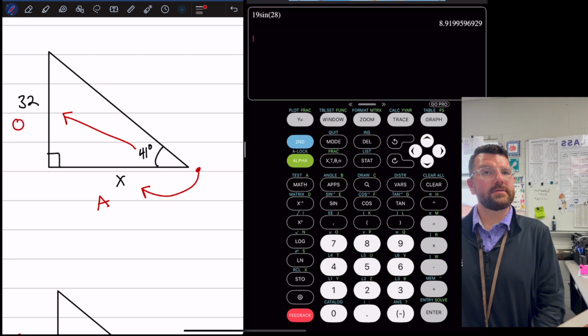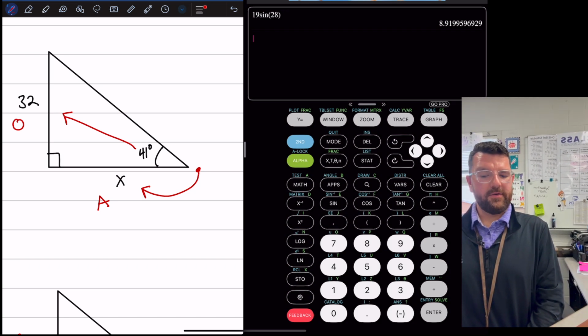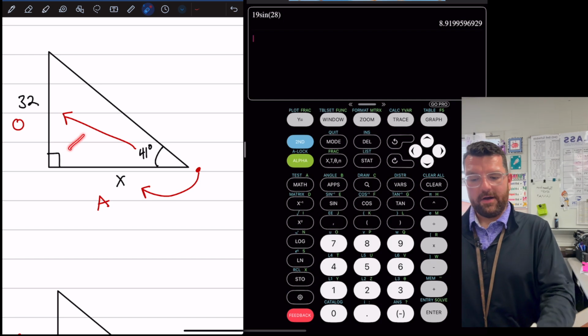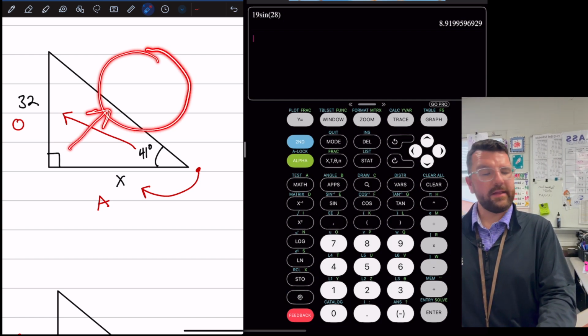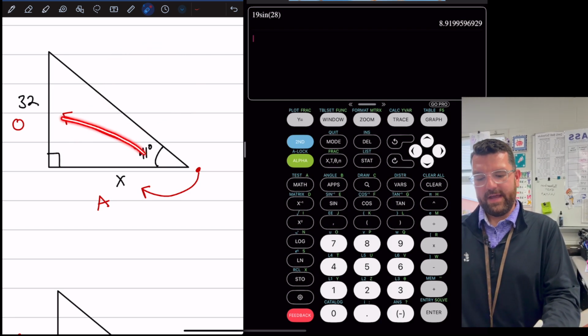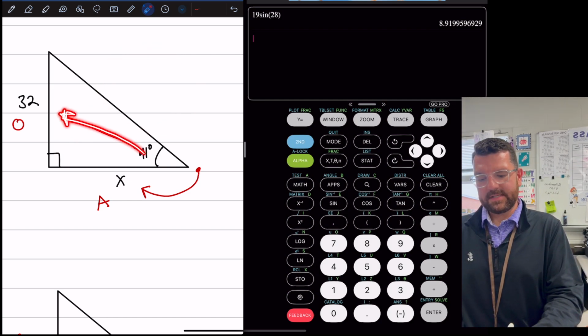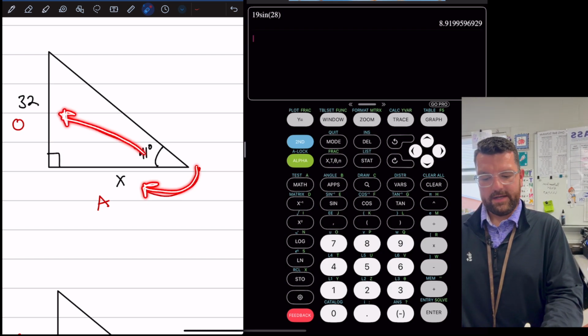Where is the hypotenuse? Opposite the right angle. When I look at the opposite side from the right angle in this triangle, is there anything there? No. So they didn't give me the hypotenuse. They gave me the opposite side of the triangle from the angle and the adjacent side.